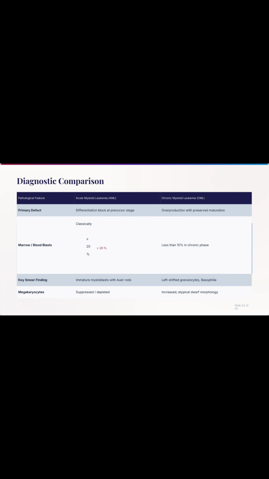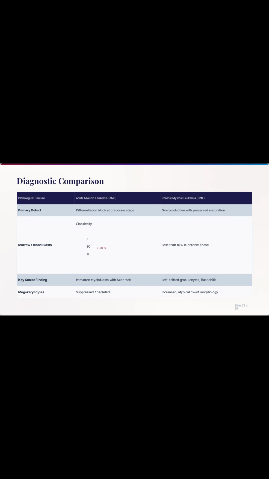Classically, in marrow and blood blasts, in acute myeloid leukemia there is more than 20% of the blast cells, whereas in chronic myeloid leukemia there is less than 10% in chronic phase. Usually it is considered less than 20%.